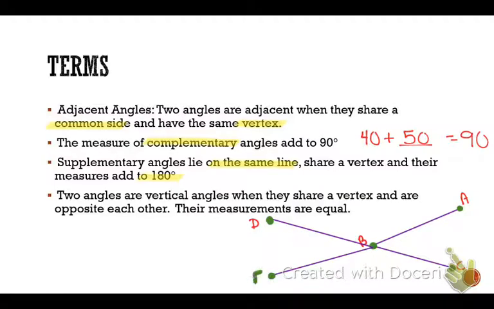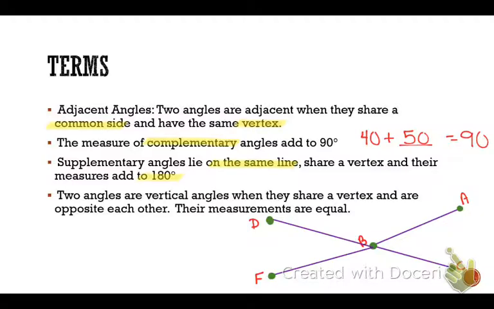Do you see here how I kind of extended that diagram? So what we would say is that A, B, C is vertical to D, B, F. They're opposite each other, but they share that common midpoint. All right, you following me?